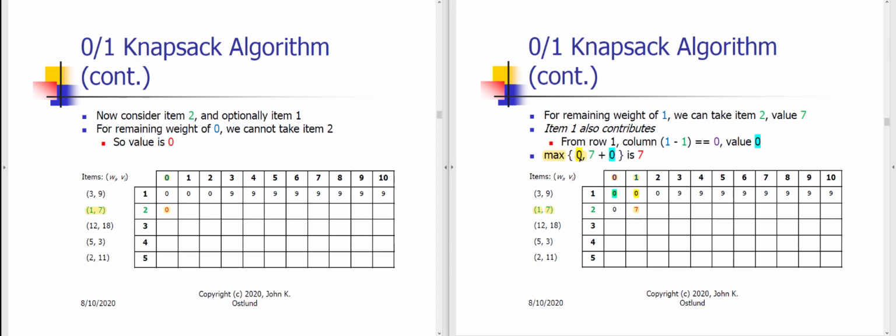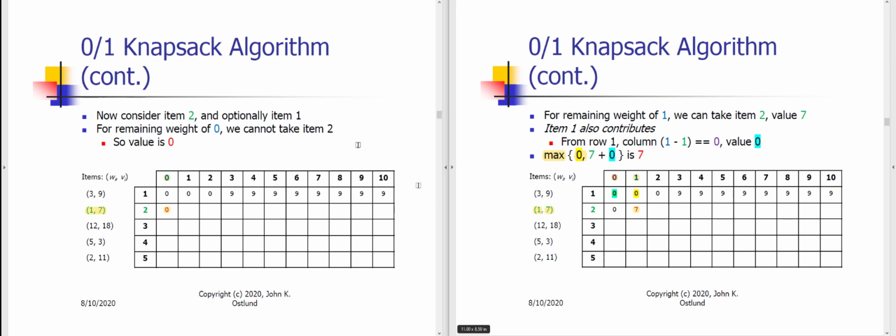So we're computing the maximum of 0 or 7 plus 0. And of course 7 plus 0 gives me a 7. So the maximum value that I can achieve by considering items 1 and or 2, if I only have 1 unit of available space in my knapsack, is 7.